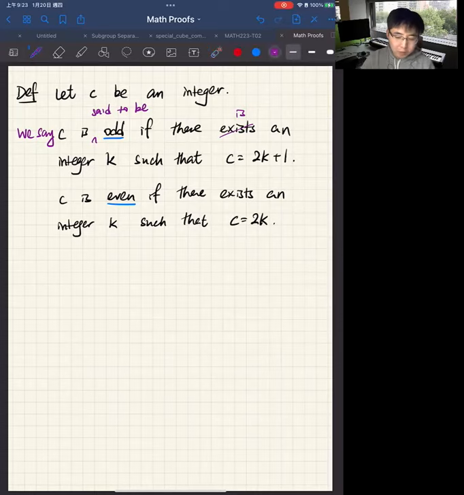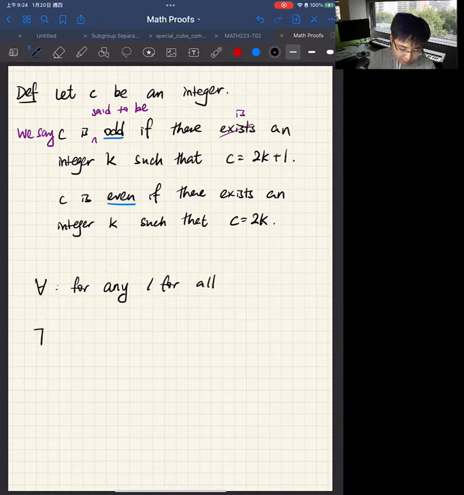A few more notations for your future studies. Here is "for any" or "for all". It depends on the context, but it means all of them have the same property.